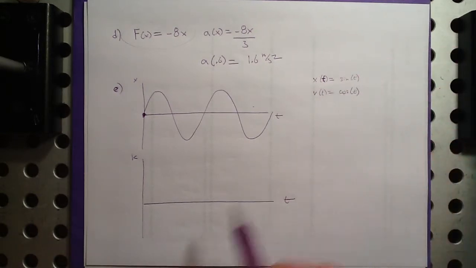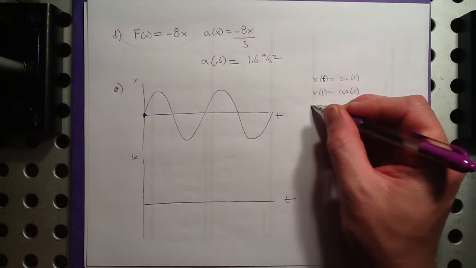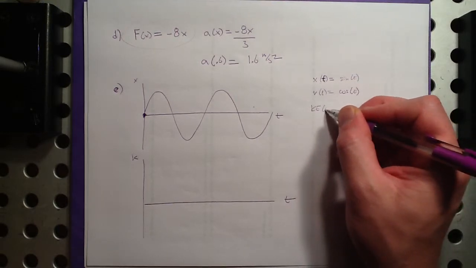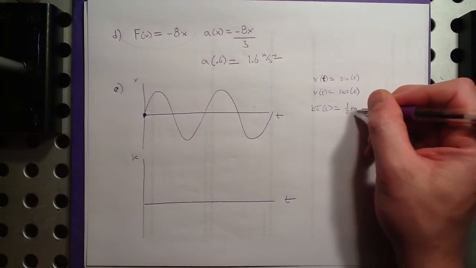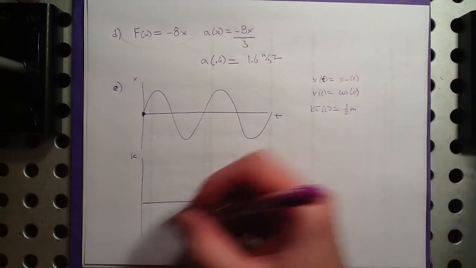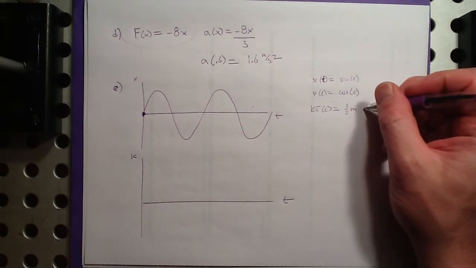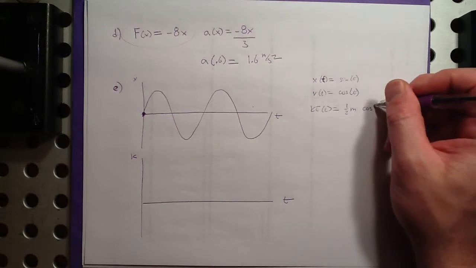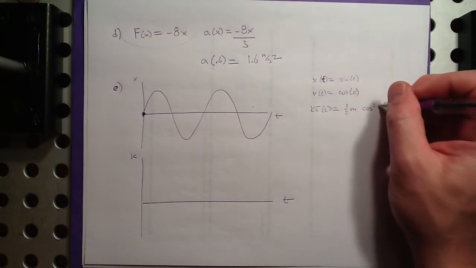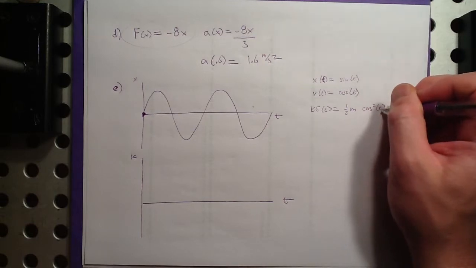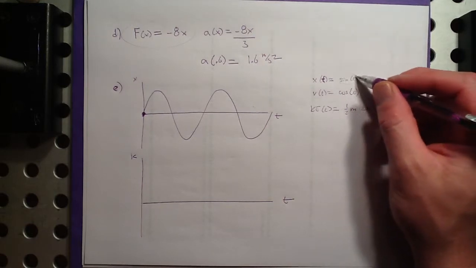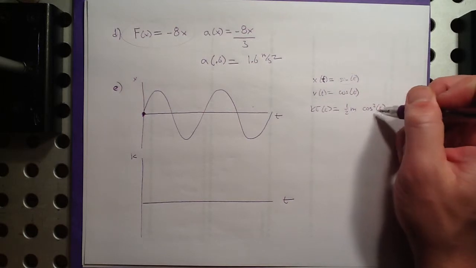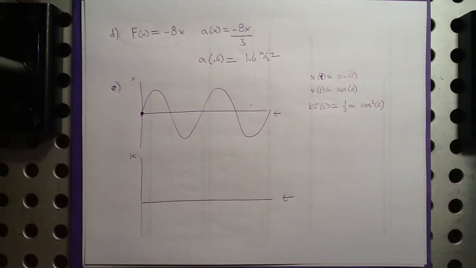And then kinetic energy as a function of time would be 1/2 mass, which is just 3/2. Again, that doesn't really affect much. The important part here is cosine squared t. So what does that look like? So it might help us to say, well, if you've got a sine graph, what does cosine squared look like at the same time?